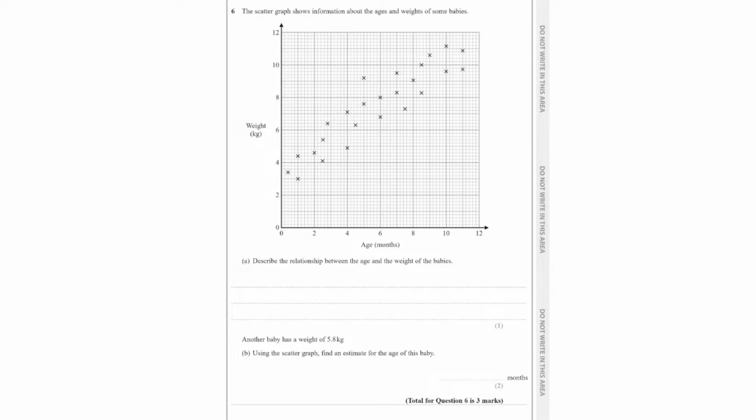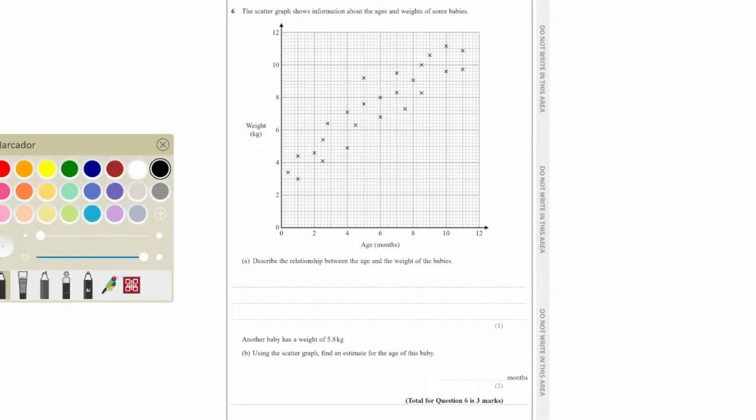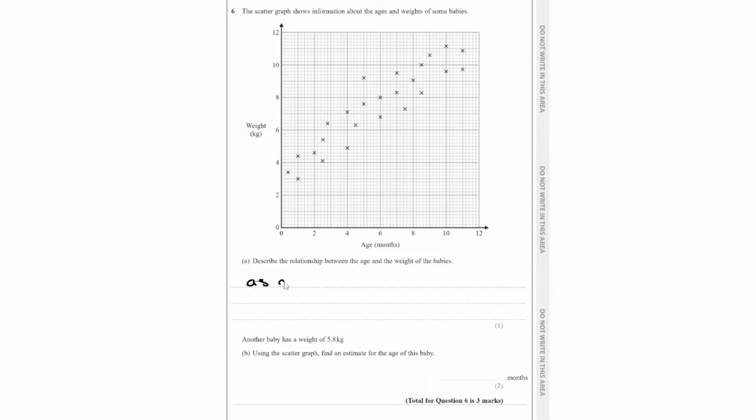But I think I would say, if you look at the x-axis, as age increases, comma, weight increases. It's meant to be something really obvious. It's not meant to be really hard for you to analyze because it's a worded question.